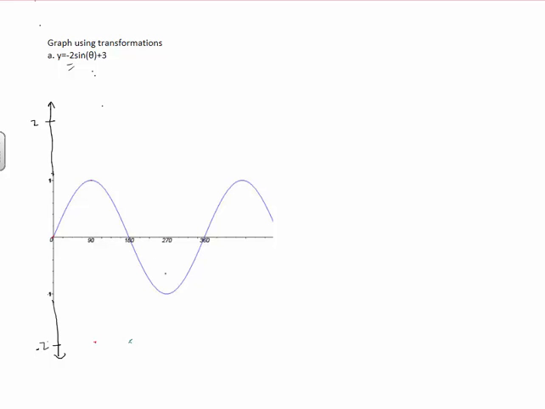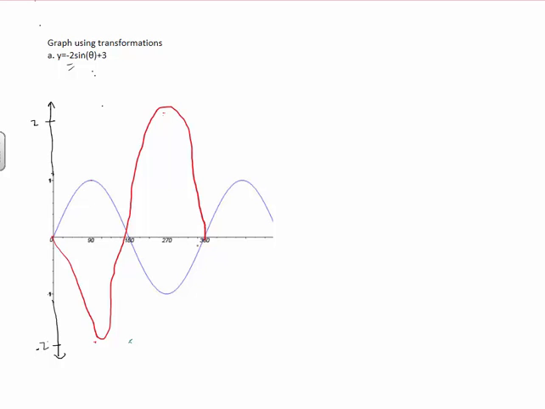And our point here at (270, negative 1), times negative 2, becomes positive 2, so it's going to be up here. So our points now are going to come down, back up, into the 360. So you can see that there's been a vertical stretch and also a reflection over the x-axis.